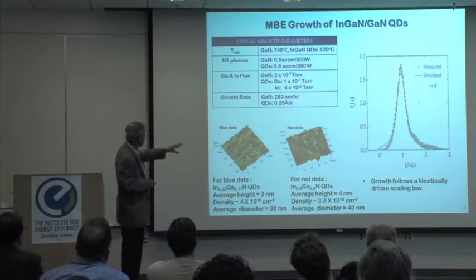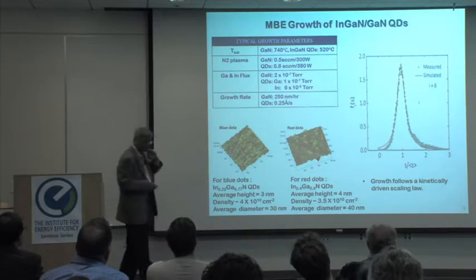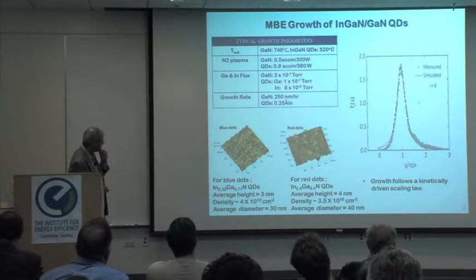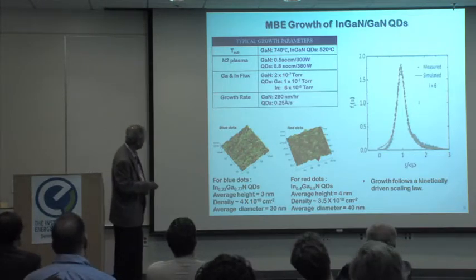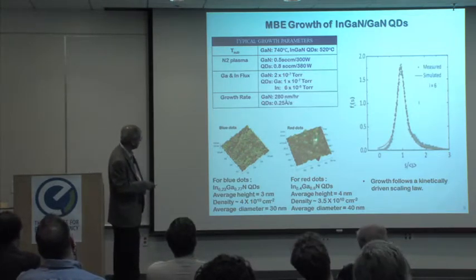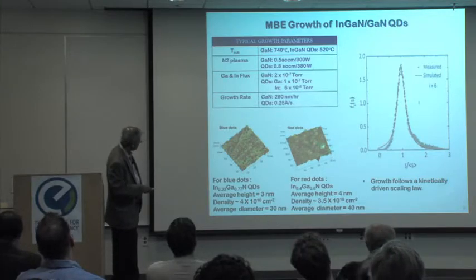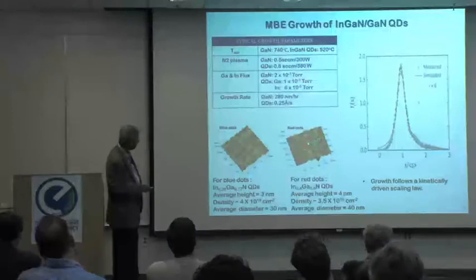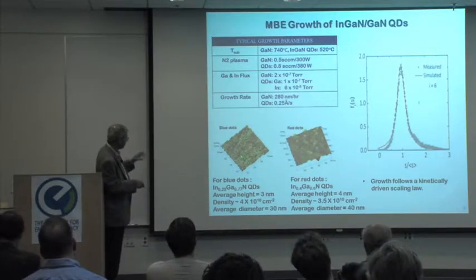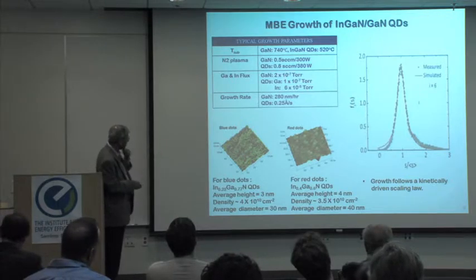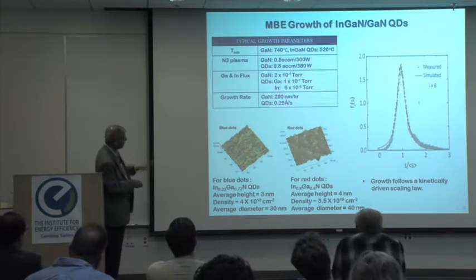These dots are grown under nitrogen-rich conditions, and these are some AFMs of blue dots and red dots. The scales are a little different, so it can be a little misleading. They are not that sparse or that large, although the red dots are a little larger than the blue dots.